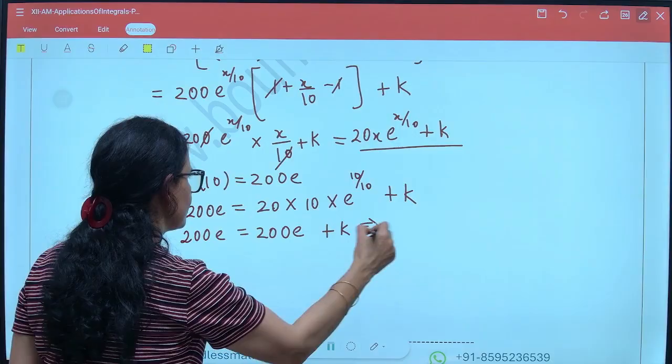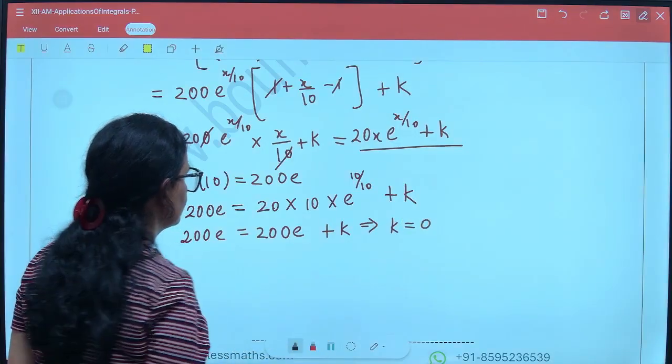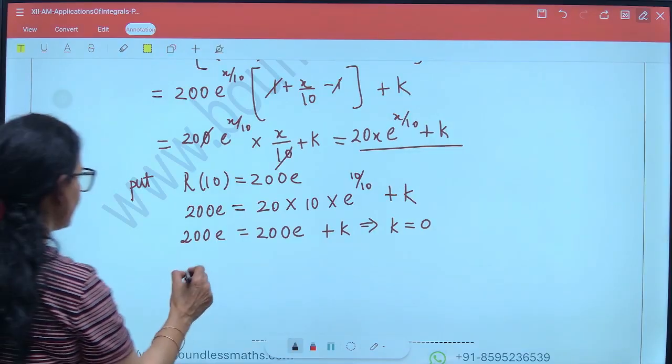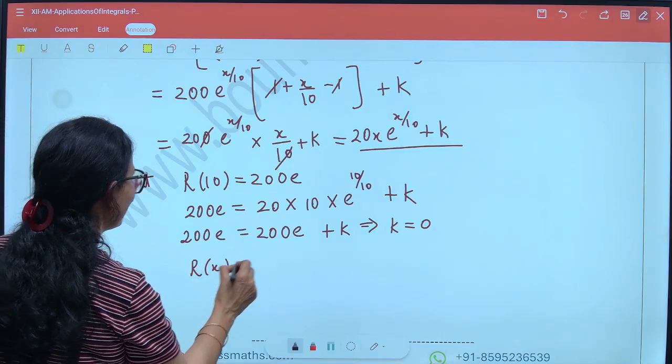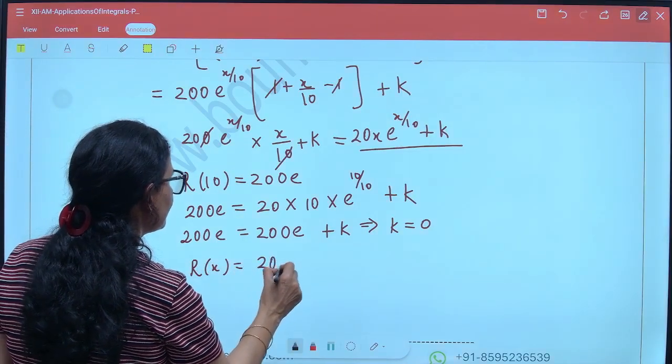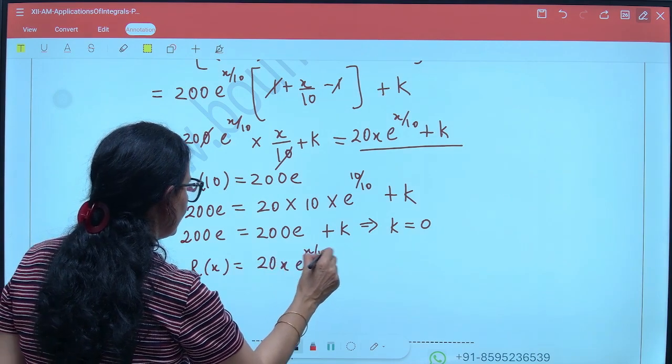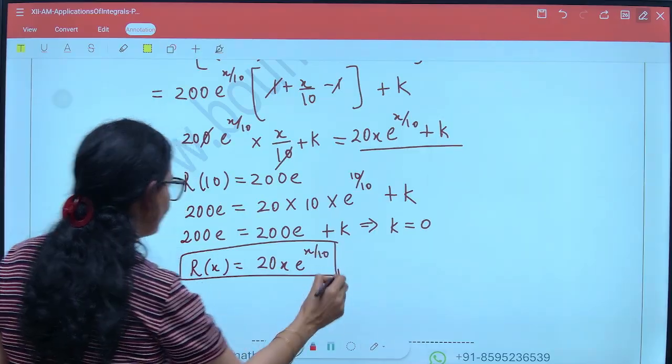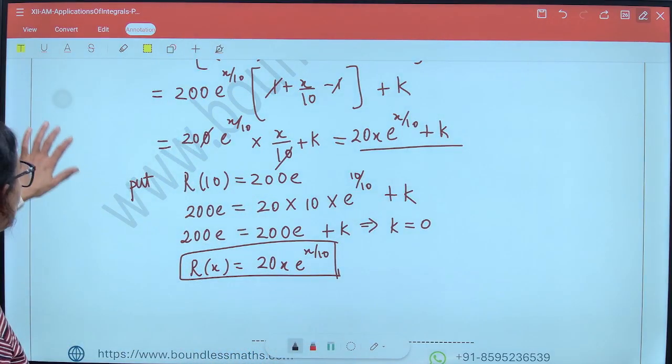So this means the value of k is 0. So that means the final revenue function is 20x e raised to power x upon 10. So this is the total revenue function where the constant is gone now.